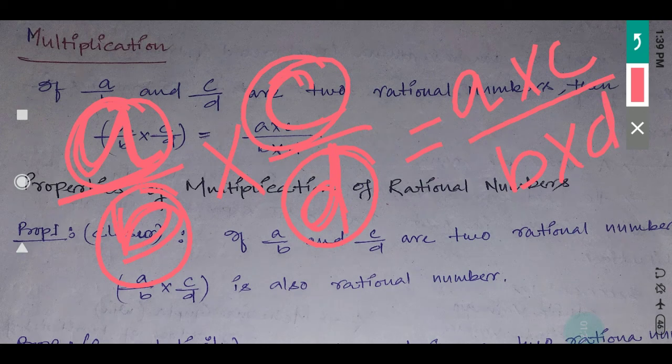If two rational numbers are multiplied, then all the numerators go in the numerator and all the denominators go in the denominator, and among all the numbers there will be multiplication, because we are doing multiplication. Okay, so this is the process of multiplying rational numbers.